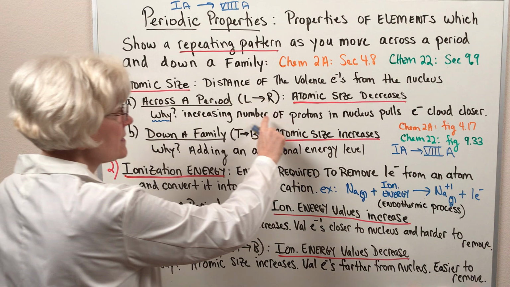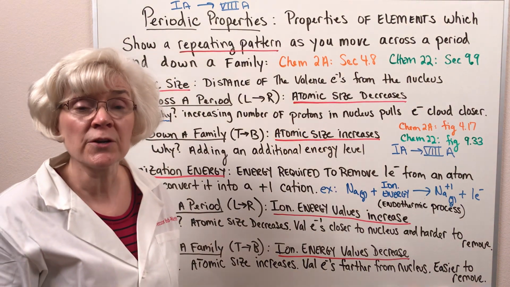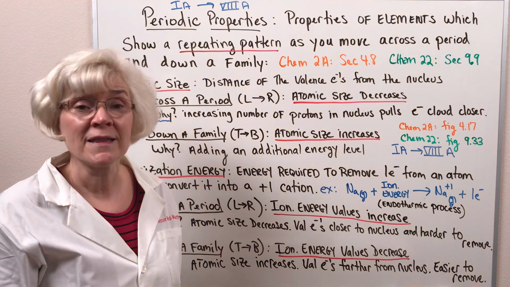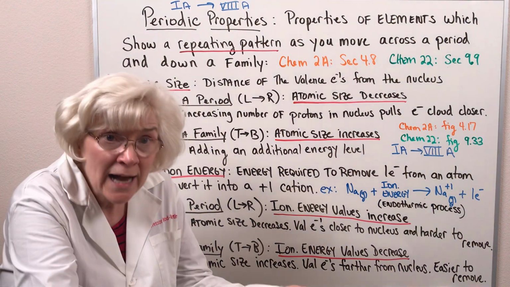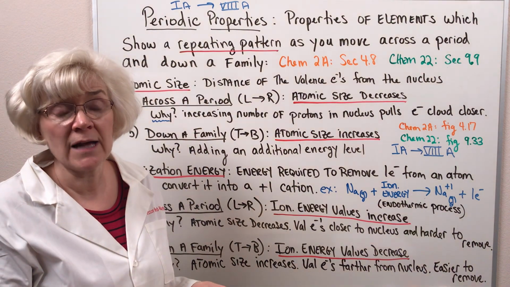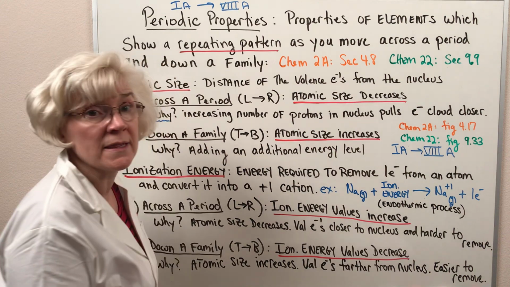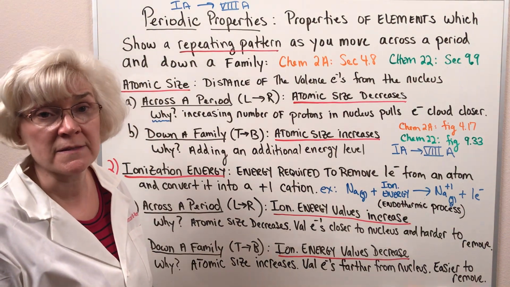So this increasing number of protons in the nucleus exerts a greater positive charge on the entire electron cloud and just pulls that entire electron cloud in closer and causes a decrease in the atomic size of elements.